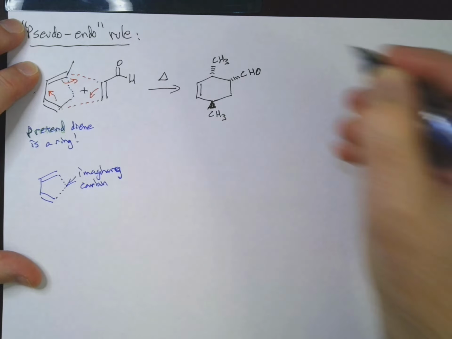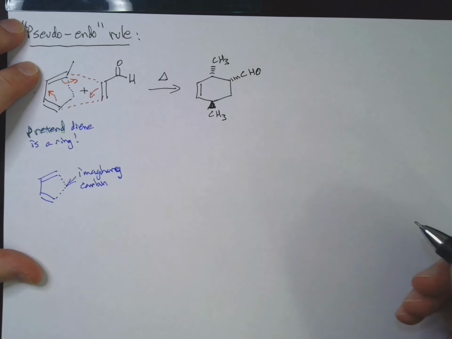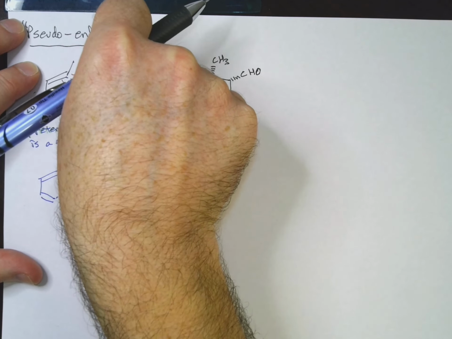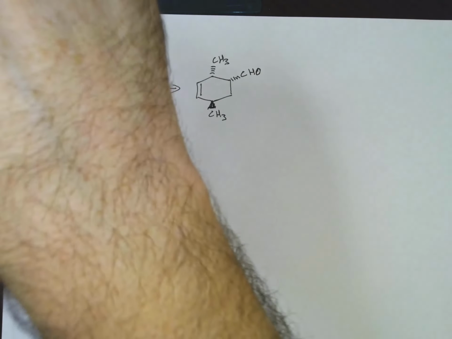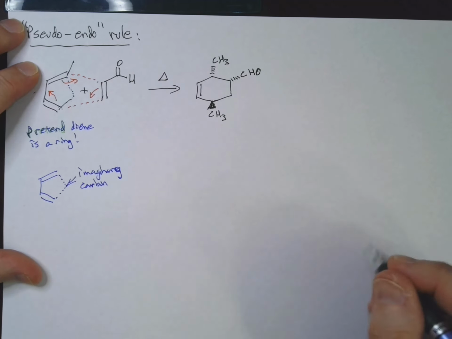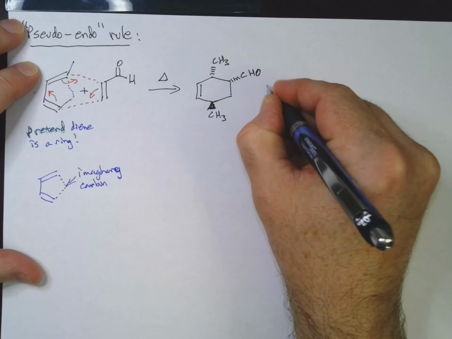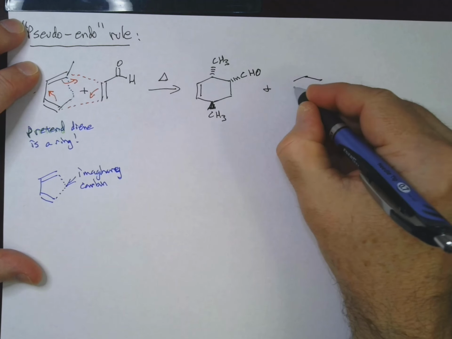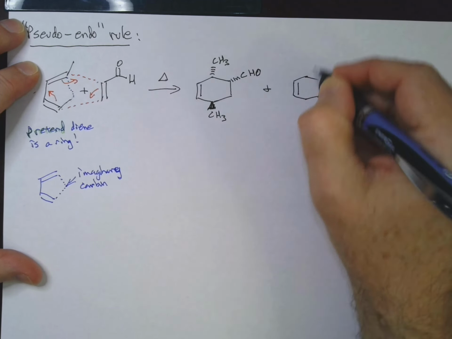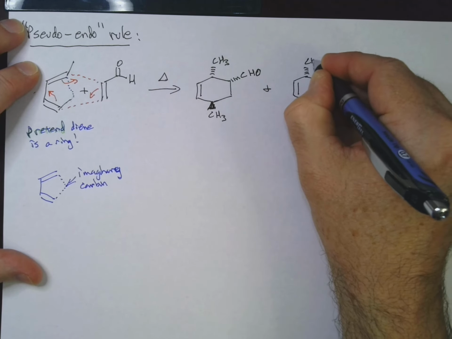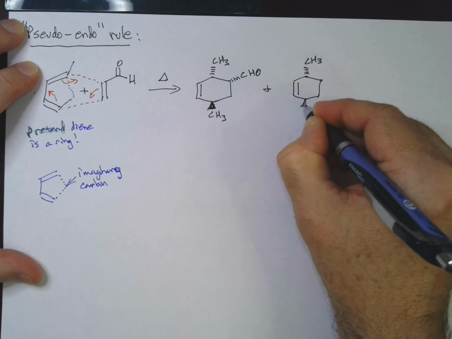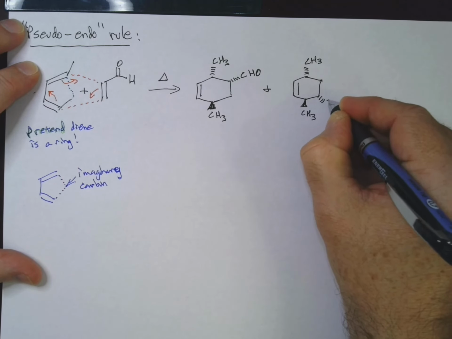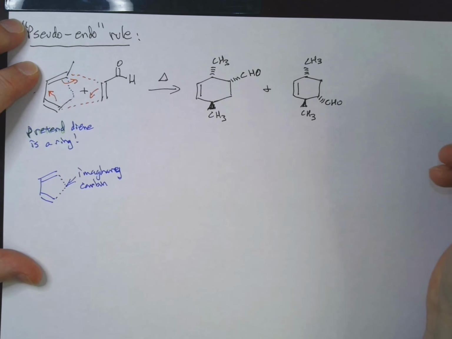And then this guy is going to be endo to this CHO. Now, it could add the other way. This could be flipped over. It could also add from the other face. So if I flip that guy over, I would get this guy, that guy.